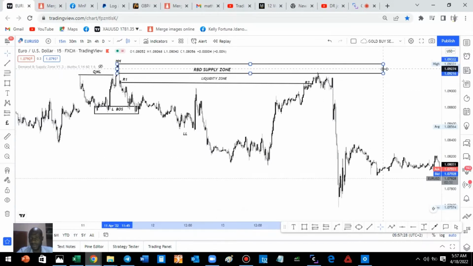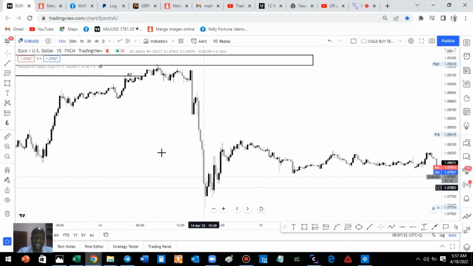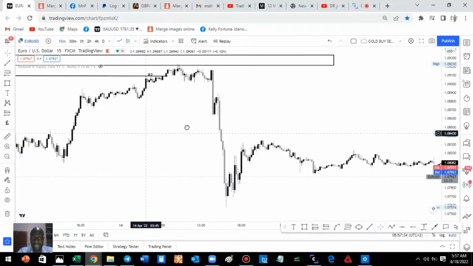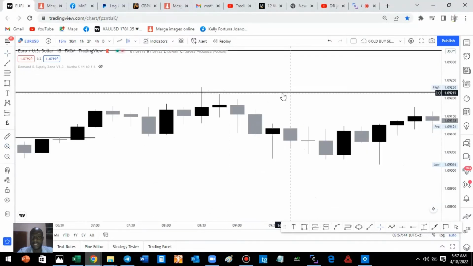And then the next thing is just to wait for the confirmation. If you look here, the market broke the structure right there, and then we had a nice rejection from this level, a nice pin bar formation there. Let me zoom in a little bit so that you can appreciate it. This was our entry right here.